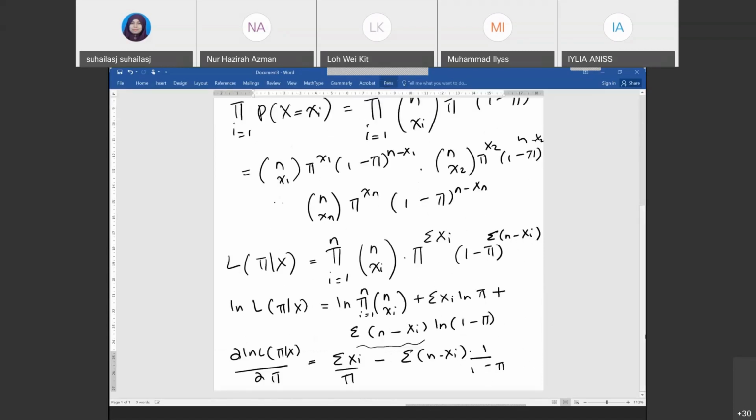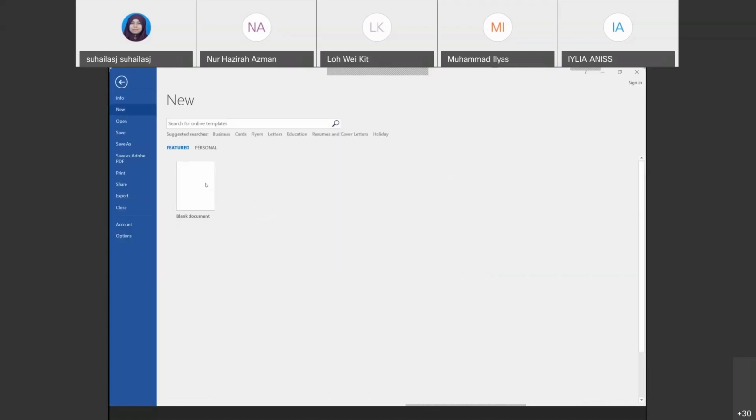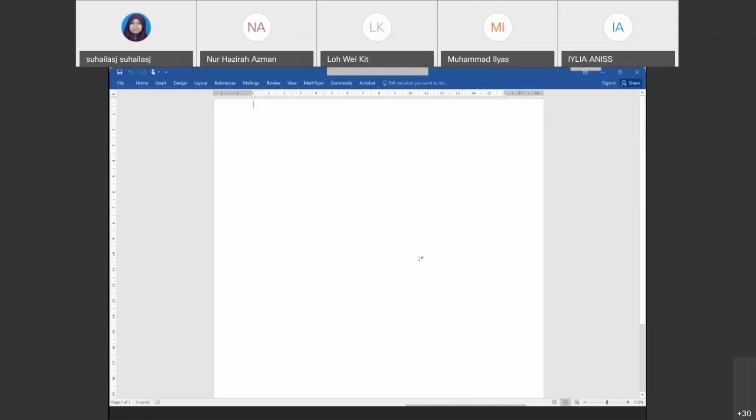You will have summation xi over pi minus summation n minus xi darabkan dengan 1 over 1 minus pi. Okay. Kalau kita setkan equals to 0. So, if we set equals to 0, so yang kamu ada adalah, okay, kalau kita setkan equal to 0, so that means we will have summation.